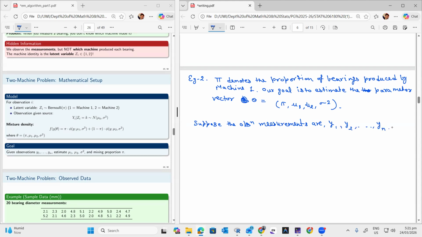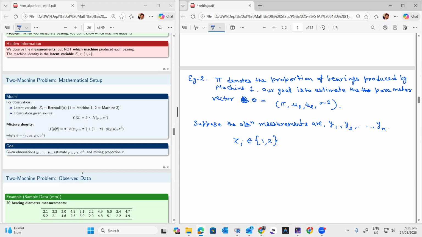All right, so for each observation yi we don't know which machine produced it. To represent the hidden information, we define the latent variable, say zi, that takes the two values 1 and 2.